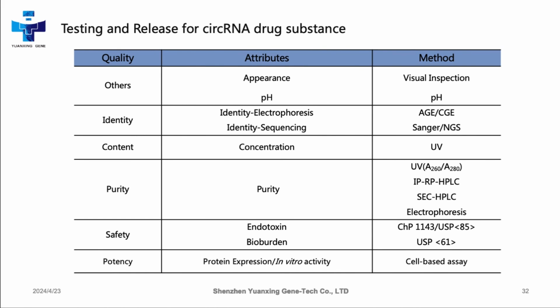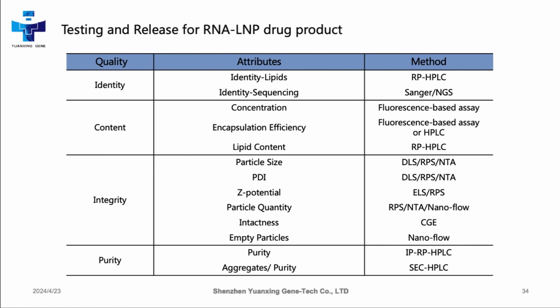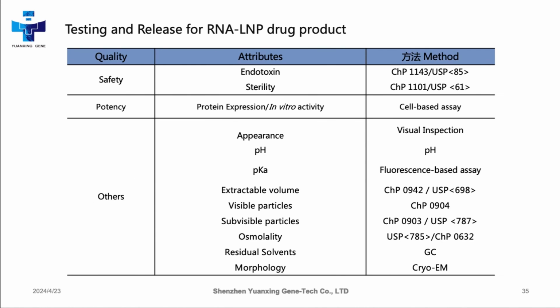Similarly, here are some testing and release items that we can provide for the circRNA drug substance. And here are some testing and release items that we can provide for the RNA-LNP drug product, which also contain identity, content, integrity, purity, safety, potency, and some others.